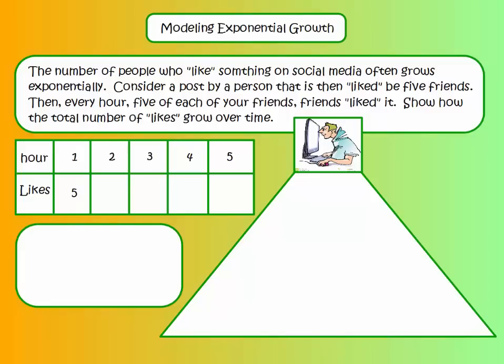You wrote it, so you must like it. So you're the first person. And then you have 5 friends who are going to like it in 1 hour. So we have 1, 2, 3, 4, 5 people like it.